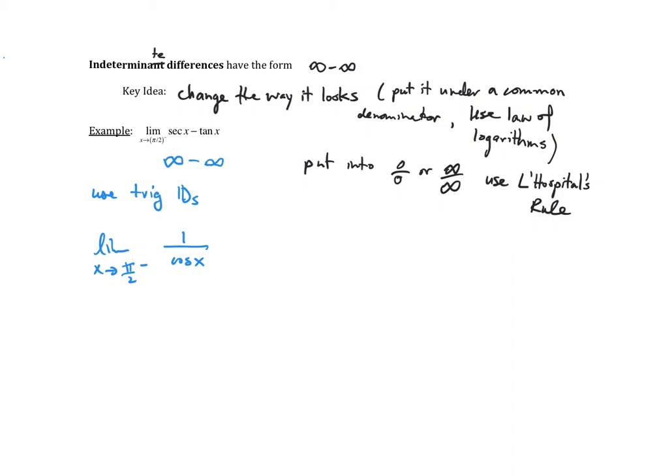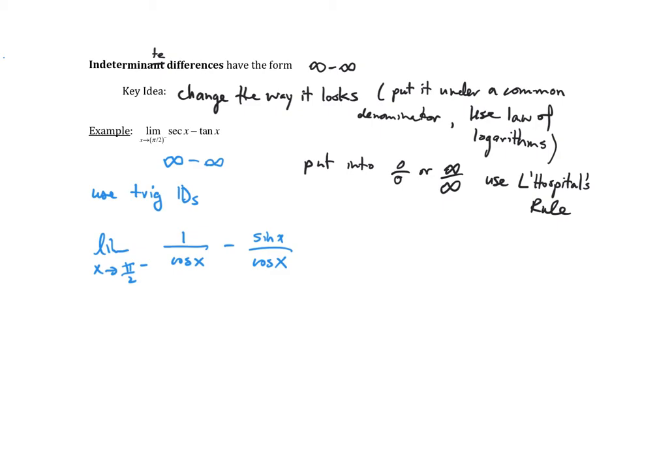And when I look at tangent, we know that tangent can be rewritten as sine of x divided by cosine of x. That's the quotient identity. So when I rewrite it using trig identities, I can see that I do have a common denominator. So I'm really putting it under a common denominator. I didn't use the law of logarithms. I used trig identities in this particular case.